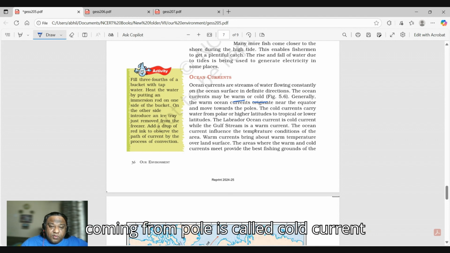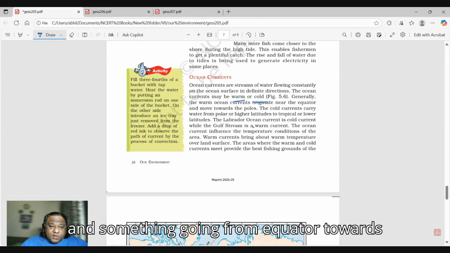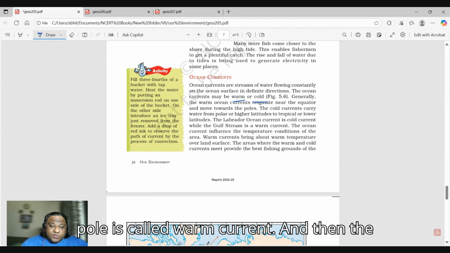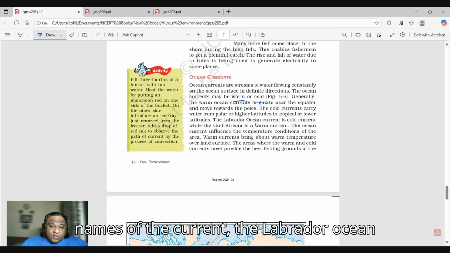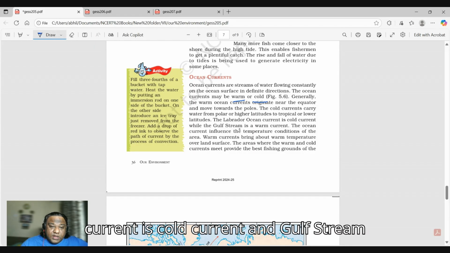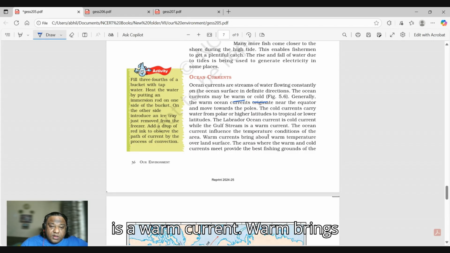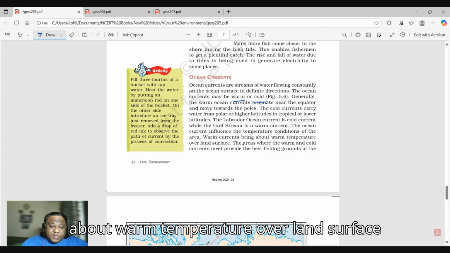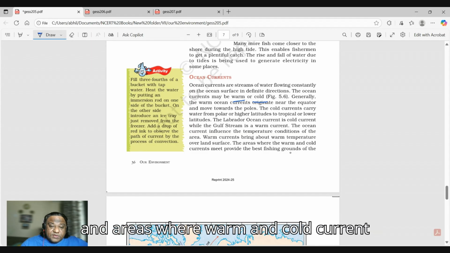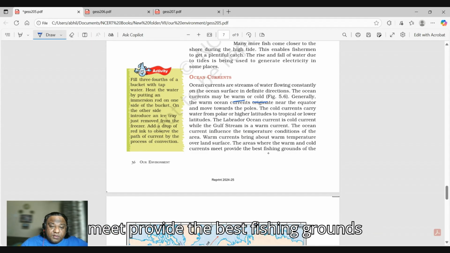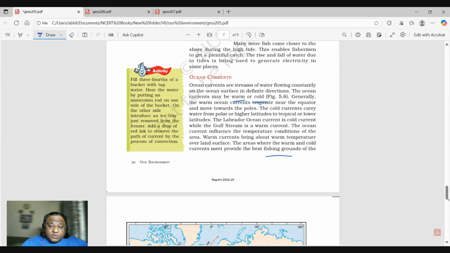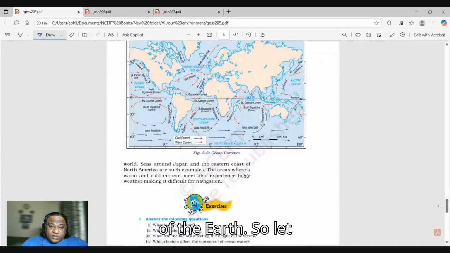Something coming from the pole is called a cold current, and something going from the equator towards the pole is called a warm current. And then the names of the currents: the Labrador Ocean Current is a cold current, and the Gulf Stream is a warm current. Warm currents bring warm temperature over the land surface, and areas where warm and cold currents meet provide the best fishing grounds of the earth.